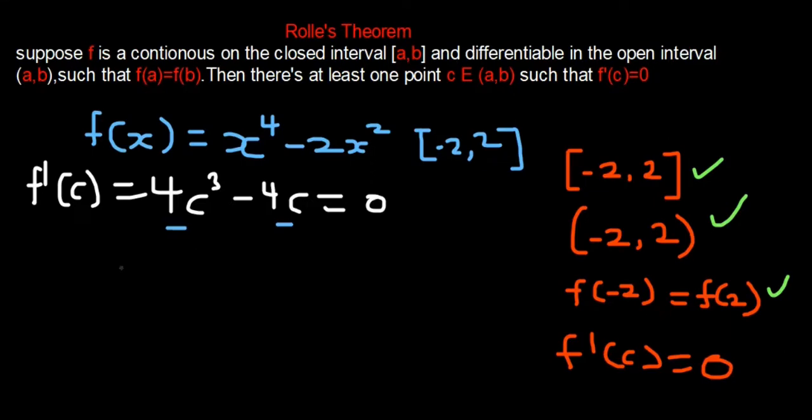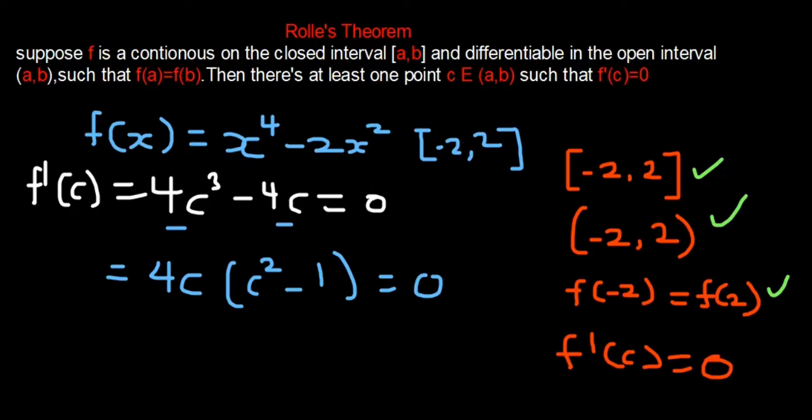So let me factor out 4c. When you divide 4c to the power 3 by 4c, you have c squared. Then when you divide 4c by 4c, you have 1. So you have -1 here, and this should be equal to 0.